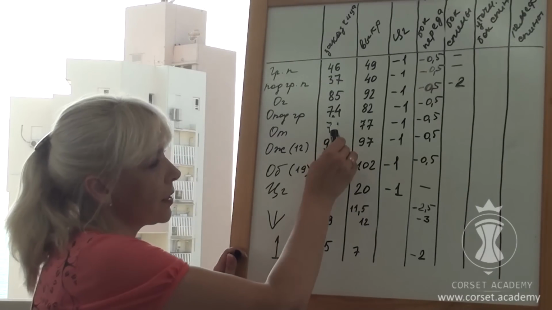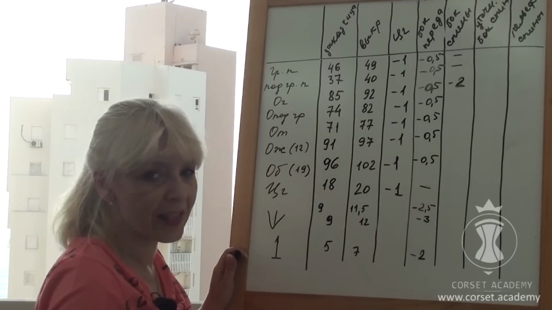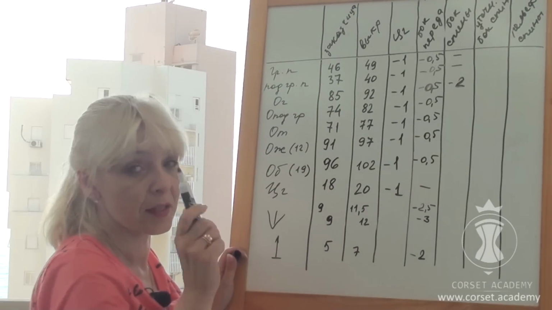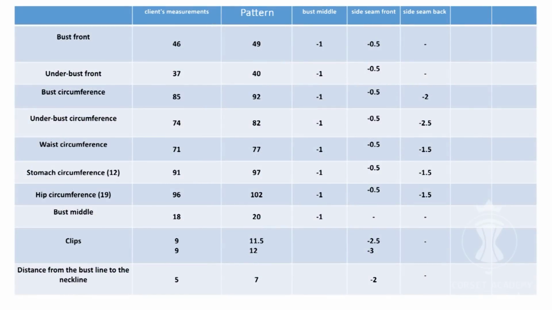It looks like the pattern is 5 centimeters larger at the under bust level than it's supposed to be according to my client's measurement. Therefore, I need to shift the side seam of the back 5 centimeters inwards. Since the back of the dress is made of 2 halves, I need to narrow each one down by 2.5 centimeters. I write -2.5 centimeters in line 4 of column 6.